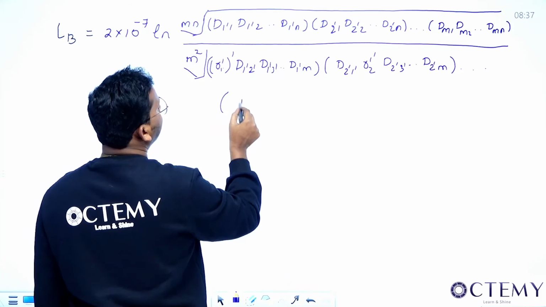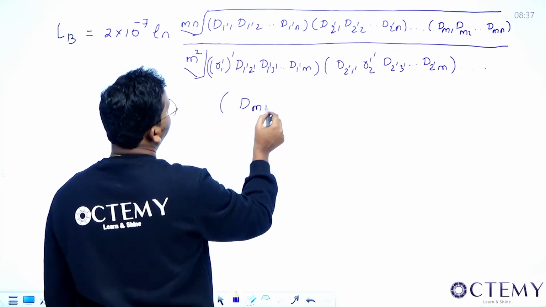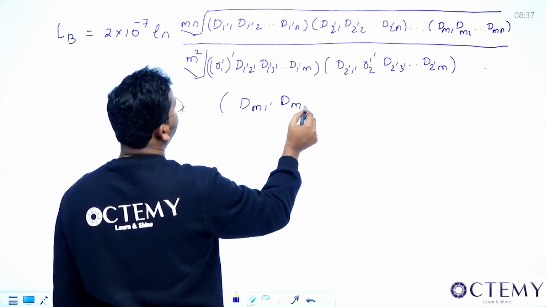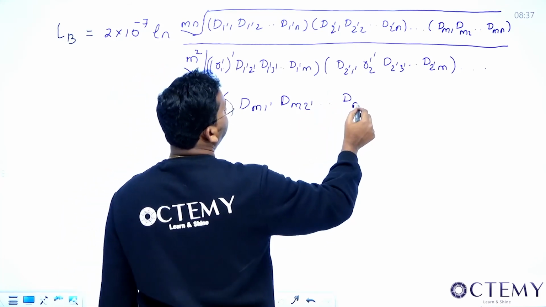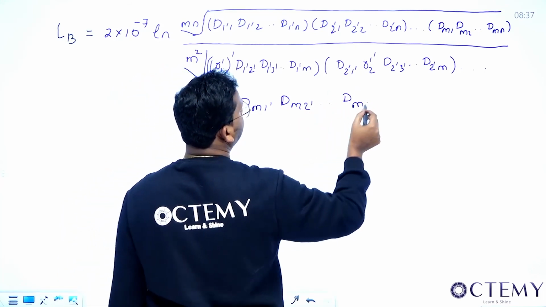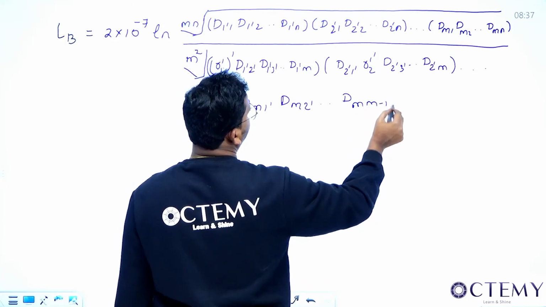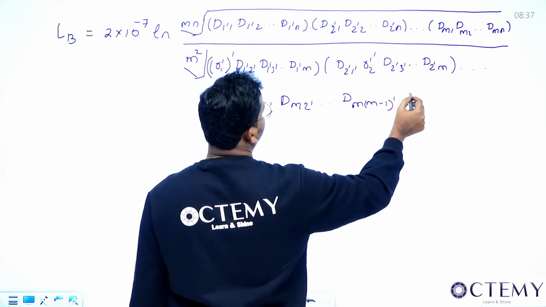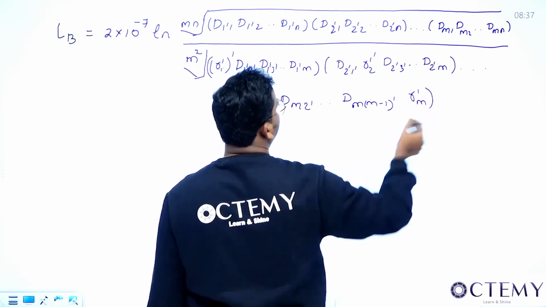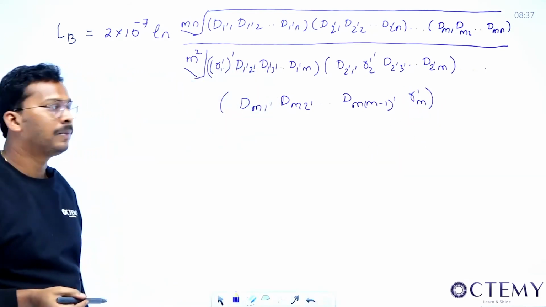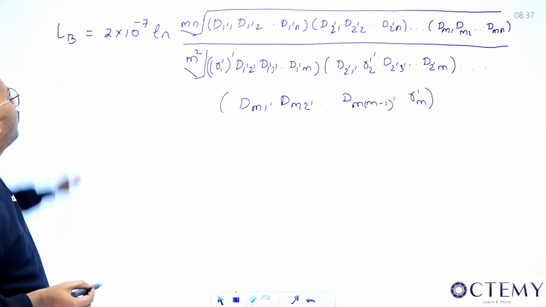And the last one is distance between m and 1 dash, distance between m and 2 dash, and so on, distance between m and m minus 1 dash, and this is r m dash. This will be the formulas, right? So this is the formula for LB.